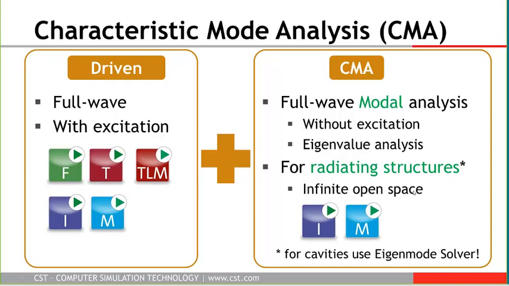If you for some reason would like to see the modes of a cavity, you should use a different solver. You should not use CMA. You should use our eigenmode solver, which is very often used for filter design or particle acceleration devices.